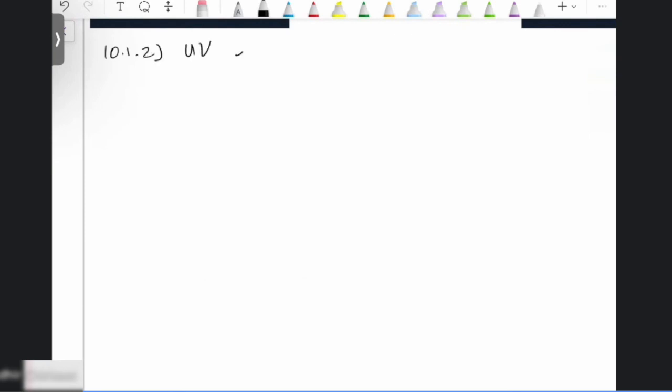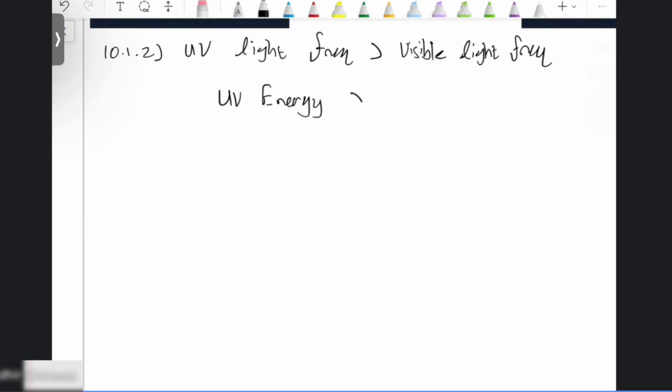UV light frequency is greater than visible light frequency. Therefore, UV light energy is greater than visible light energy.